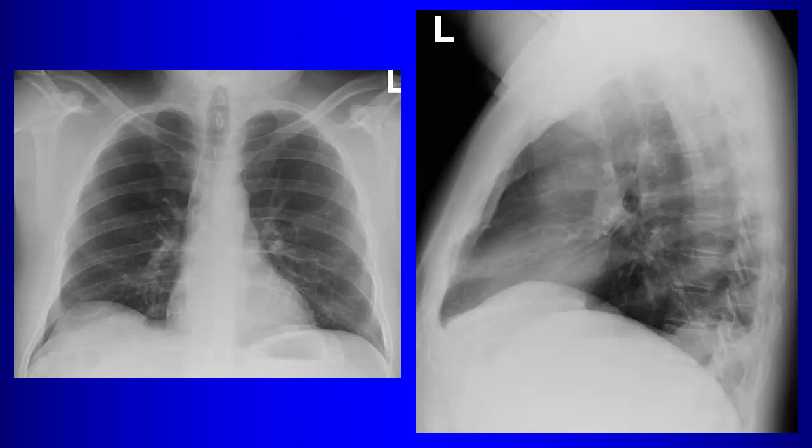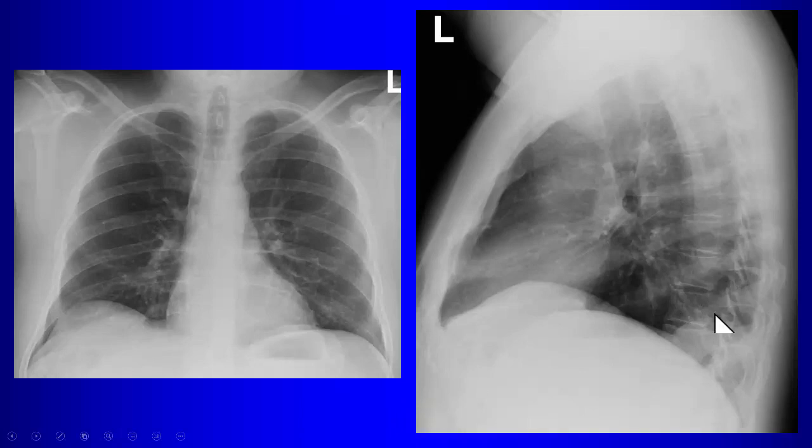What do we see on the lateral? Yeah, so here posteriorly you have this lump, okay? So what do you think that is? What gives you an appearance like that? This is a very typical appearance on a lateral chest radiograph.